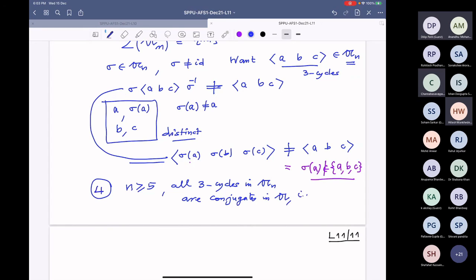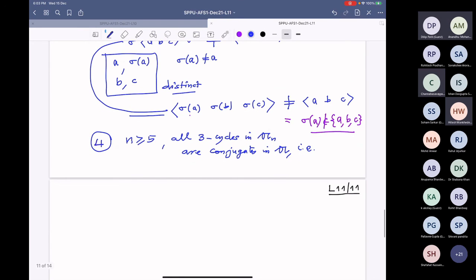So that means what? That is, if I am given 2 3 cycles, ABC and the other one, C, D, E, F. These are 2 3 cycles.